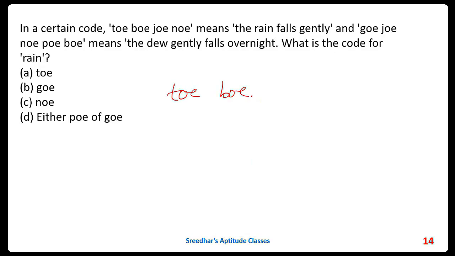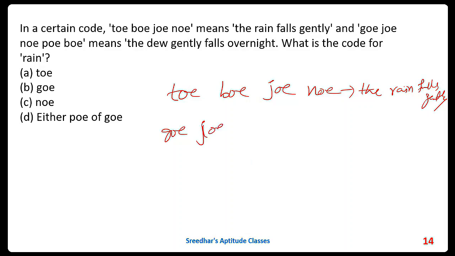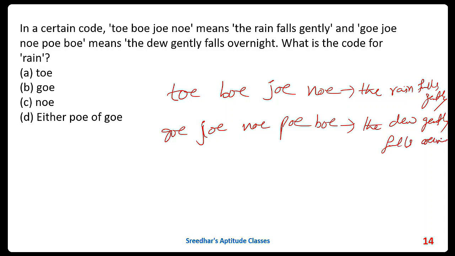Toy, boy, joy, noi is the rain falls gently, whereas goy, joy, noi, boy is the dew gently falls overnight.